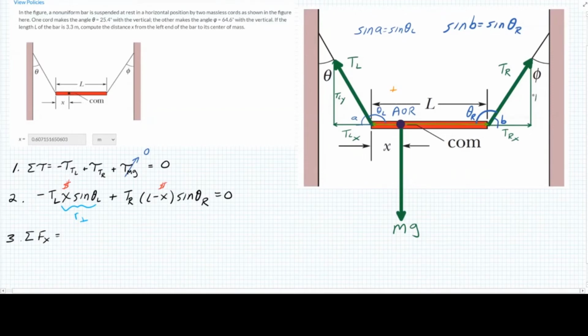Over here, TRY. Okay. So as far as the sum of all the X forces, I have minus TLX plus TRX equals MAX equals 0, because A sub X equals 0 because of statics.